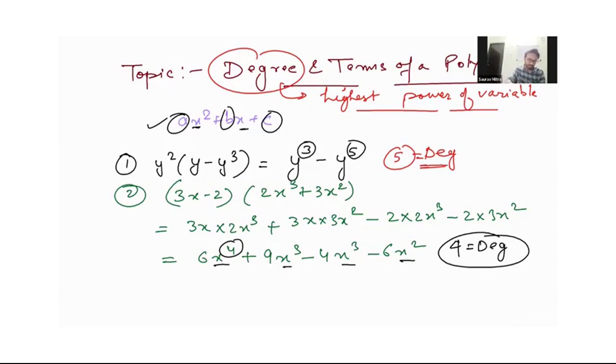Okay, next we will discuss about the terms of a polynomial. Moreover, before discussing the terms of the polynomial, we have some particular degree polynomials. Your degree 1 polynomial will be called your linear polynomial.